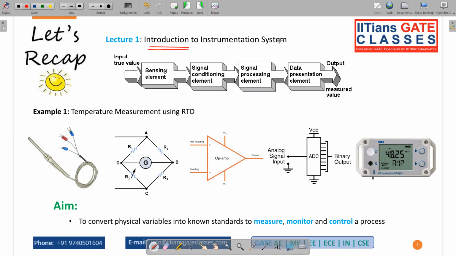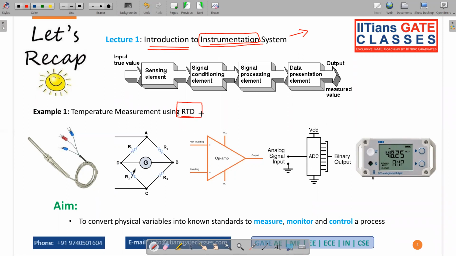The main points we studied were: what is the instrumentation system, what elements are there in the instrumentation system, what is the purpose of the instrumentation system, what is the block diagram, and how we can correlate this block diagram with a particular example. We took three examples. The first is temperature measurement using RTD. RTD is the resistive temperature detector.